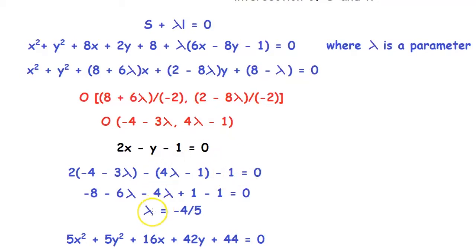Finally we can find lambda equals minus 4 upon 5. Now we substitute this lambda value into this initial equation. Then we get the equation of the circle as 5x squared plus 5y squared plus 16x plus 42y plus 44 equals 0. So that's how you use the family of circles equation.